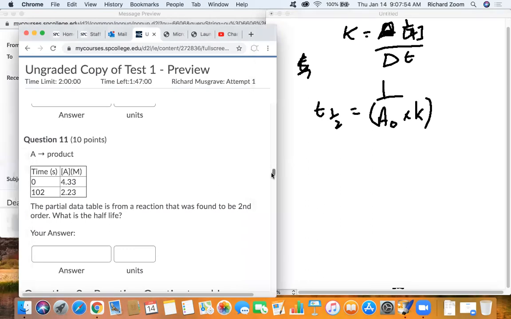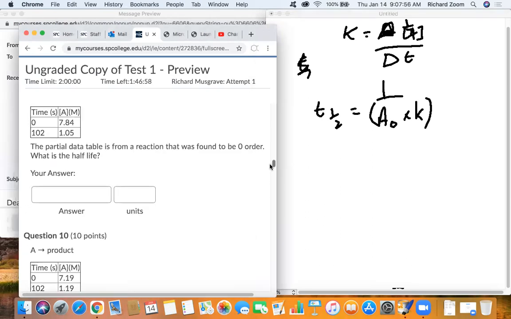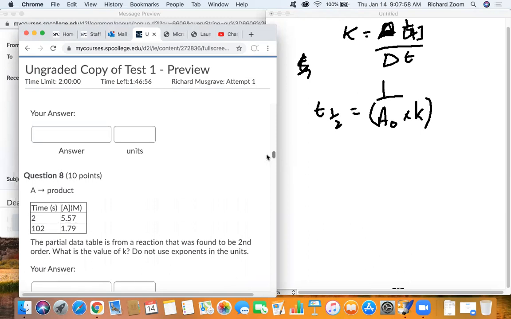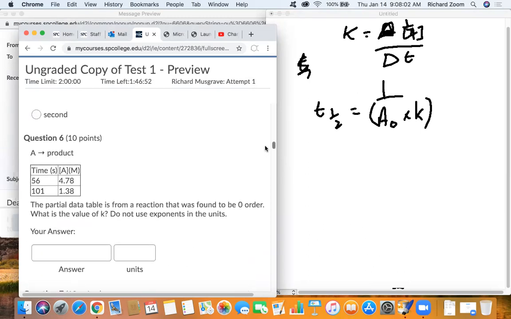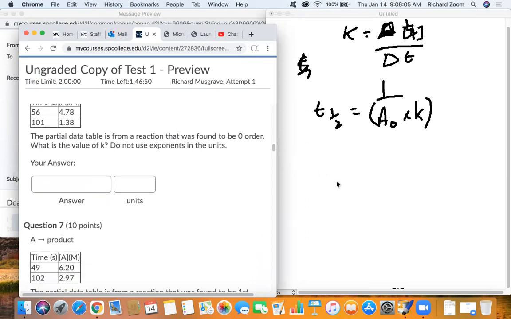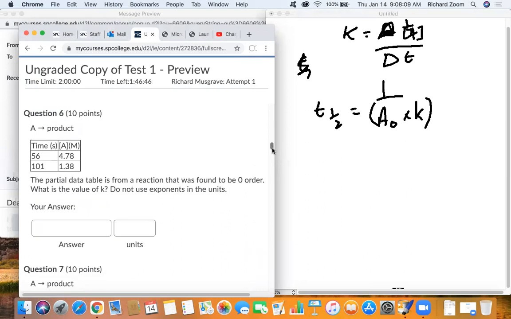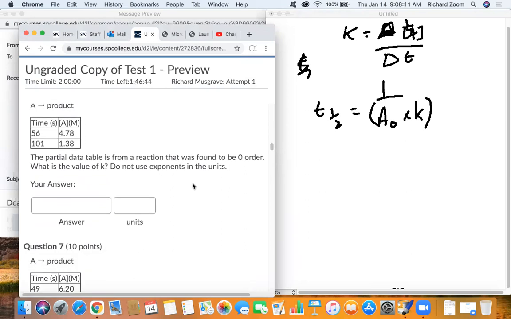Okay. The one thing I didn't talk about, and I had meant to do this, was the units on 6, 7, and 8. And as I had said earlier, you can tell what the units are. So you need the value of K, but you also need the units too.